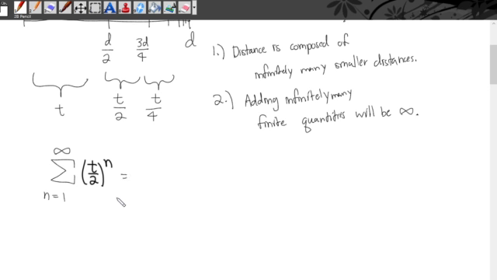And there's actually a formula for adding up infinite geometric series. And it would be the first term over 1 minus the ratio. And so the first term, if we plug in 1, is just t over 2. And the ratio between each term, well, this is the same thing as t times 1/2 to the n.